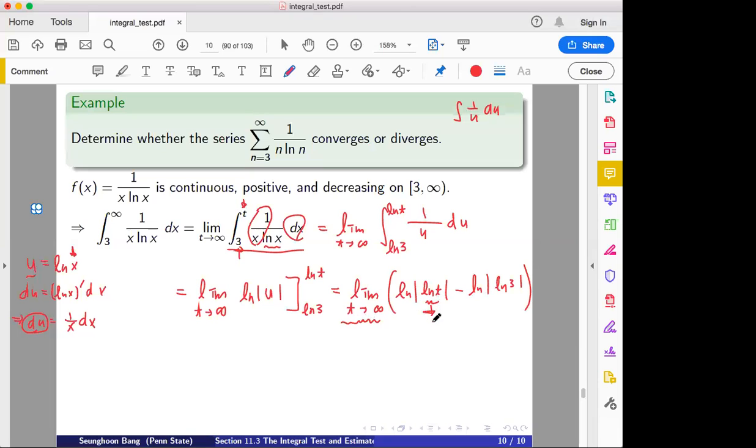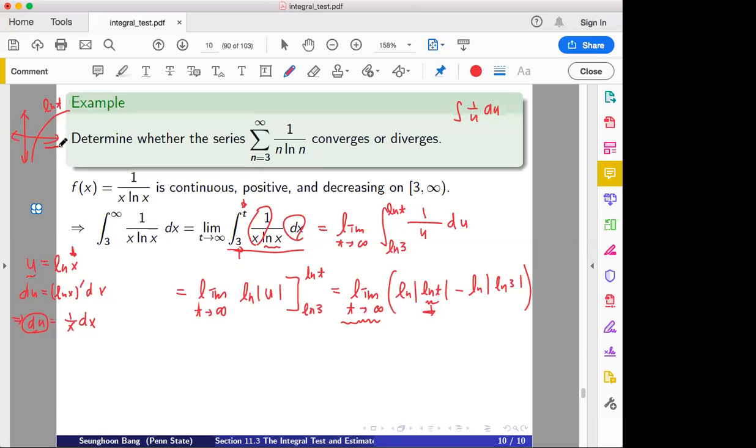So like this. As the t value approaches infinity, ln of t approaches what? What happens to ln of t? You're right. Here, you can sketch the graph of ln of x. This is ln of t.